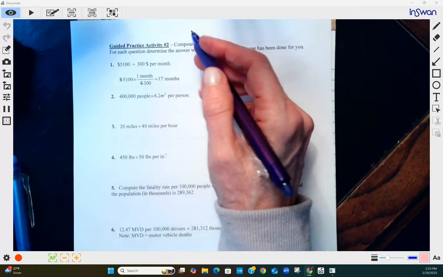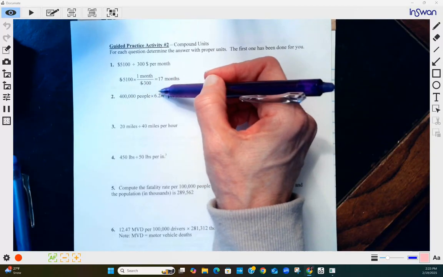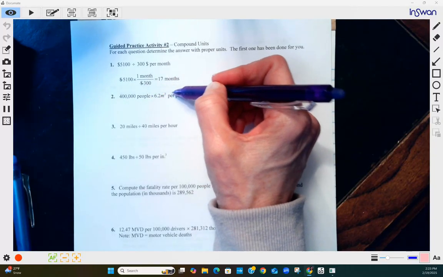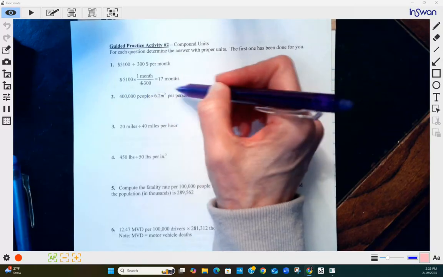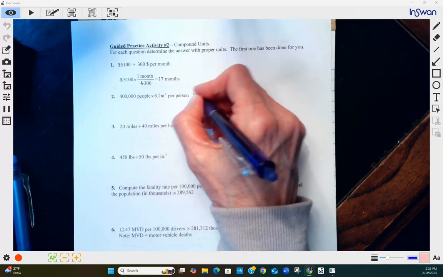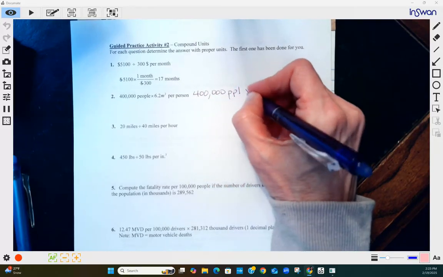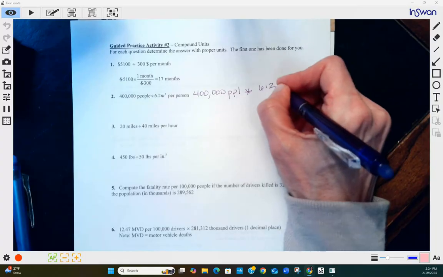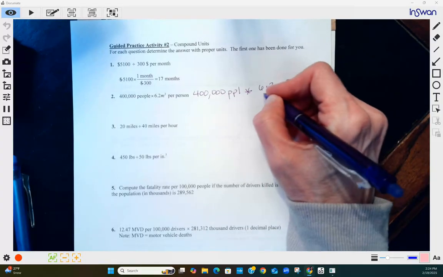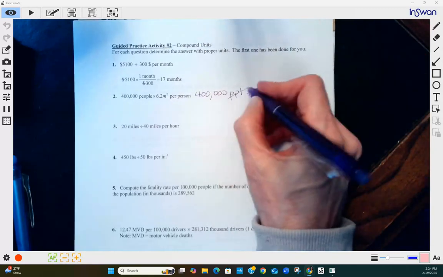So here, it's just multiplying. So it's people times meters squared per person. So the people and the person will cancel, and your final unit will be meters squared. So if you do 400,000 people times 6.2 meters squared per one person, then those would cancel.